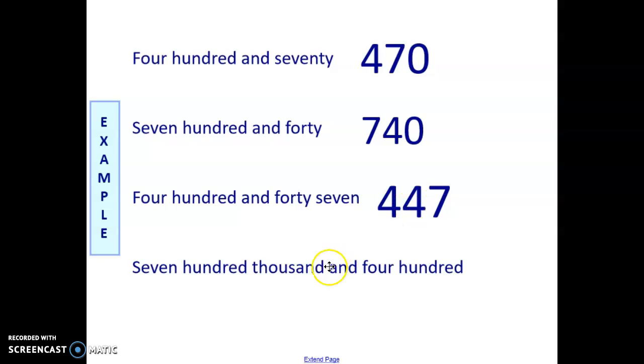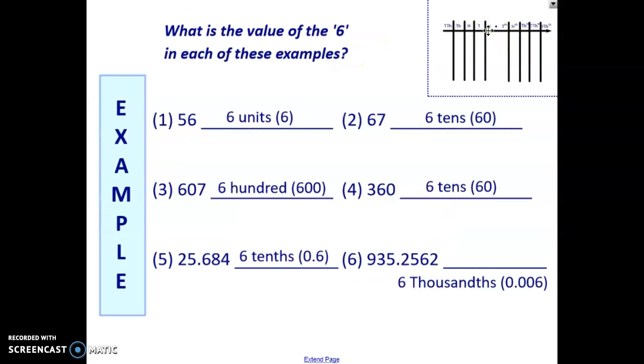The final example is seven hundred thousand, four hundred. This one's a little bit tricky. We need to think about our column headings and how we're going to use them. The 7 needs to go in the hundred thousands column. In fact, I'm going to use my column headings to help you.